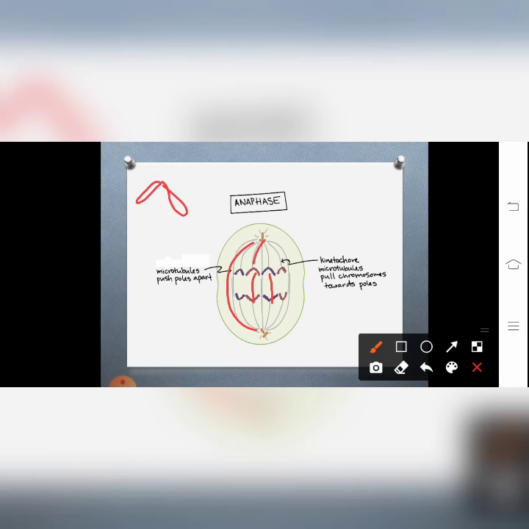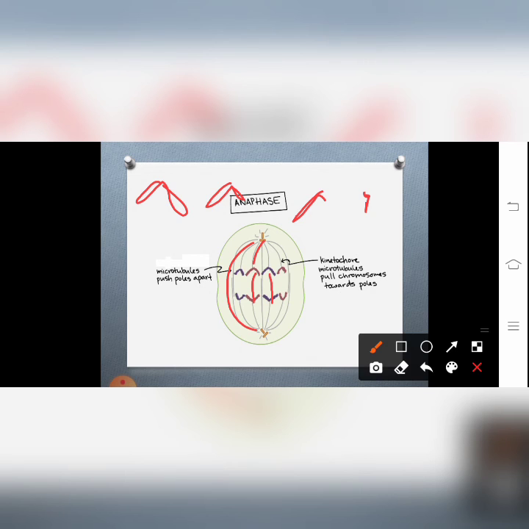If it is submetacentric, it may look like an L shape, and if it is acrocentric, it may look like a J-shaped chromosome, and in telocentric, it will look like I-shaped chromosomes. Clear? And these shapes are visible only during anaphase.